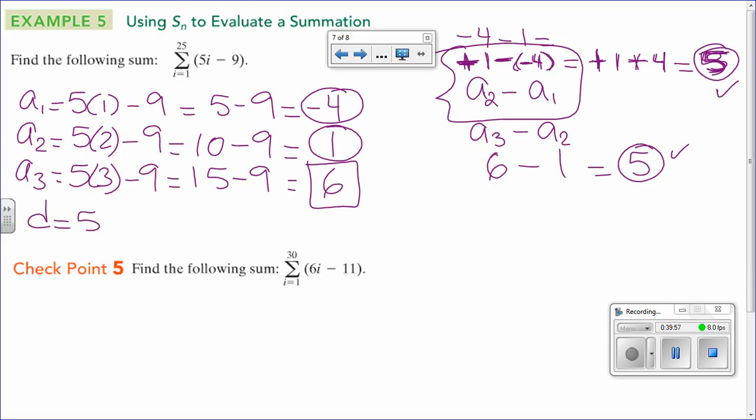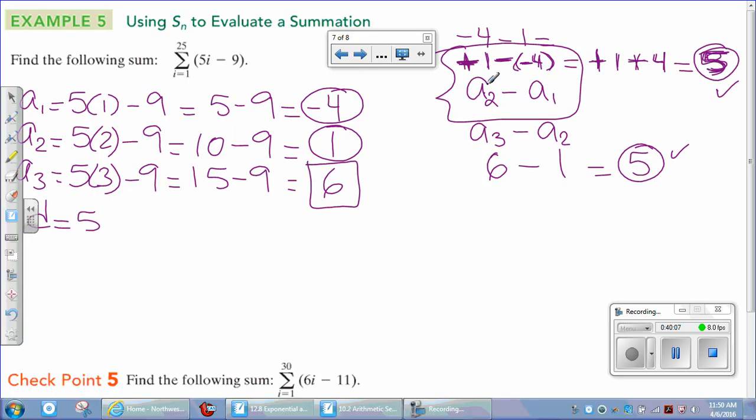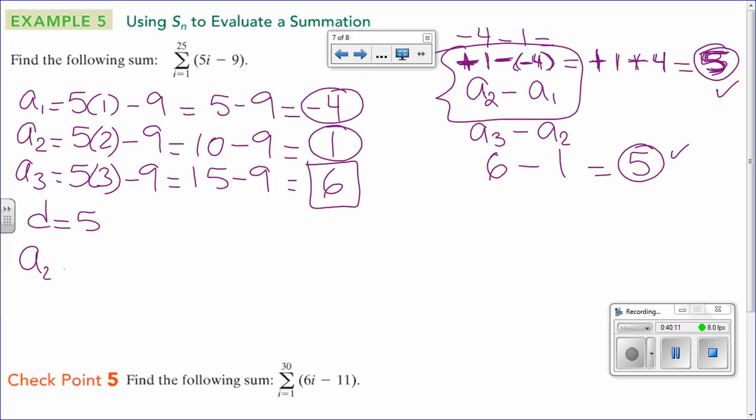Now, let's go ahead and find the last term that we need for the sequence. That will be the 25th term, right? So a sub 25 will be a sub 1 plus, how many times are we going to add the difference? One less than the subscript, so that will be 24.